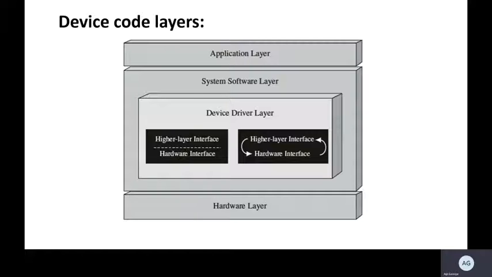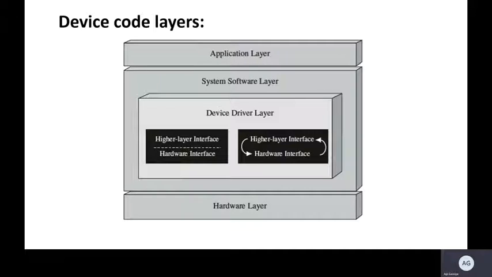The overall operating system is what you see, but inside it there is an application software layer, a system software layer, and the device driver. The hardware layer is not directly in connection with us. What we do is install the application software or the device driver. It is the device driver which communicates with the hardware.